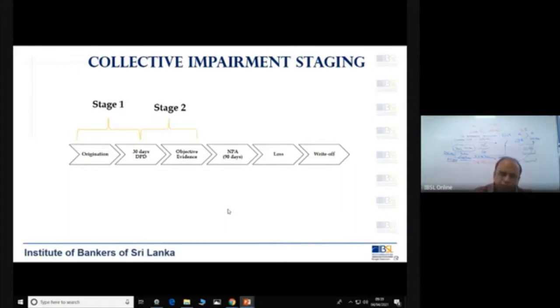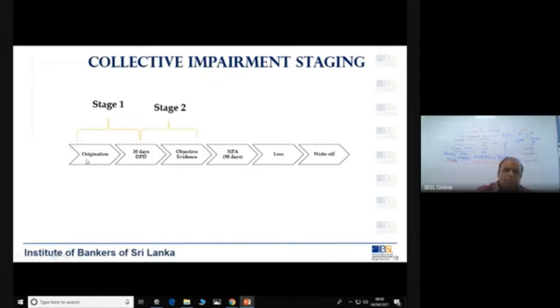Sometimes you might not be able to absorb it. So as a risk management approach, SLFRS 9 says, if you have given a loan today, you have to expect that loan to go bad at any point in time. So the risk starts from day one itself. Therefore, you need to start making provisions from day one, which is the origination point.